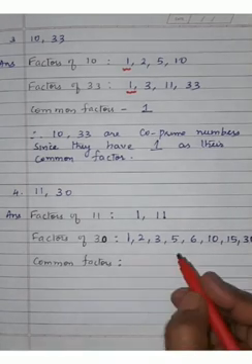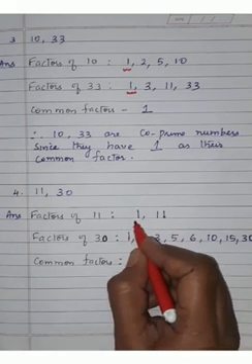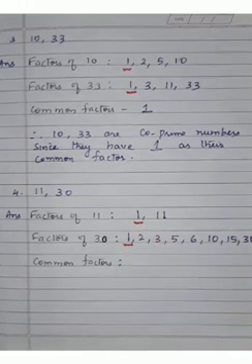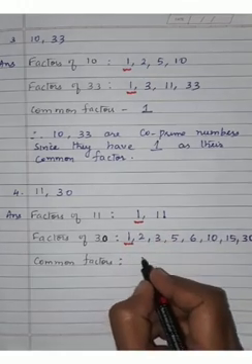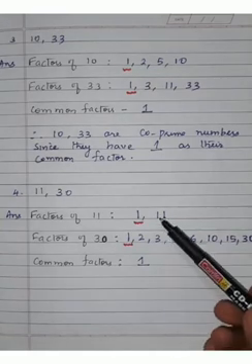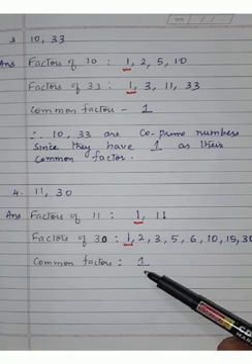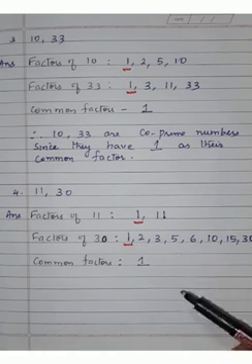Okay. Now here you can see we have the factors of 11 and the factors of 30. So what is common over here? Only 1 is common. So we can write the common factor is only 1. So that means, children, since 11 and 30 have only 1 as the common factor, therefore 11 and 30 are co-prime numbers.